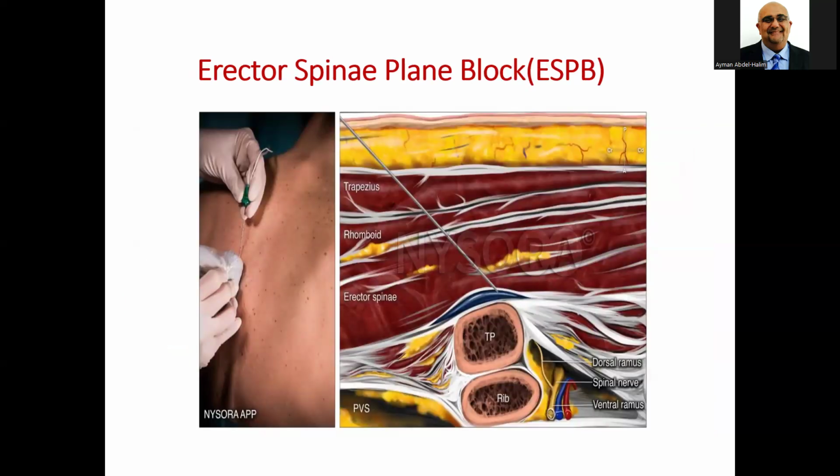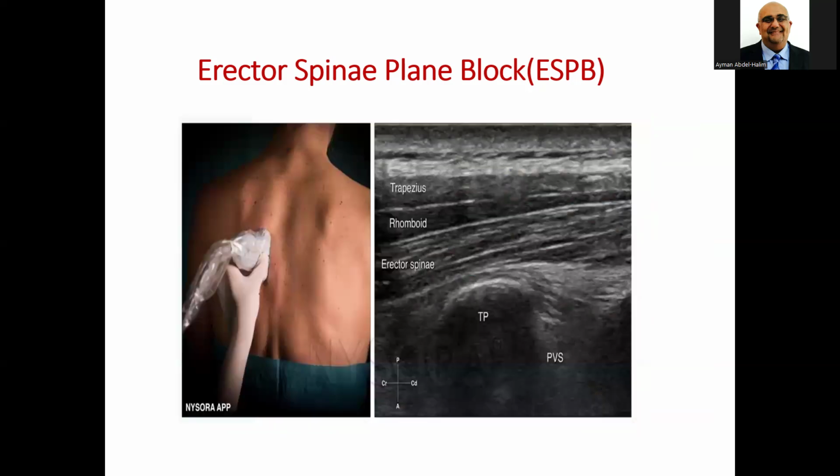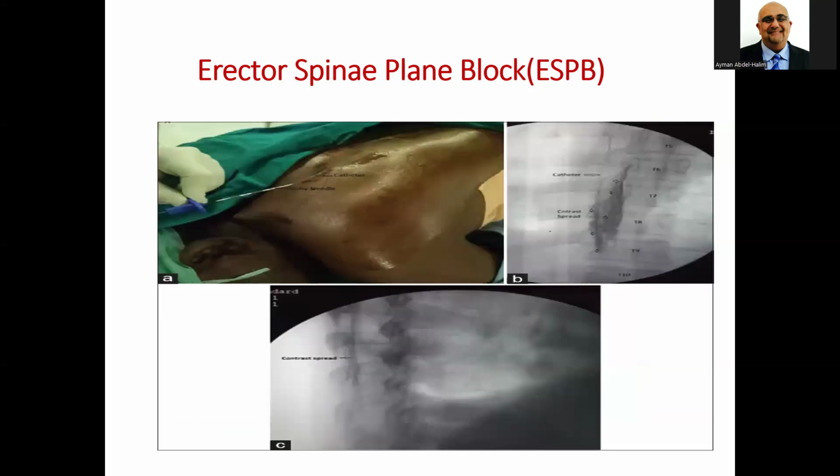As you can see, you can do it ultrasound guided, and all you need to do is hit the transverse process, come back and inject your local. Erector spinae plane block under X-ray, and in this case, this patient received the catheter. So you can put a catheter.